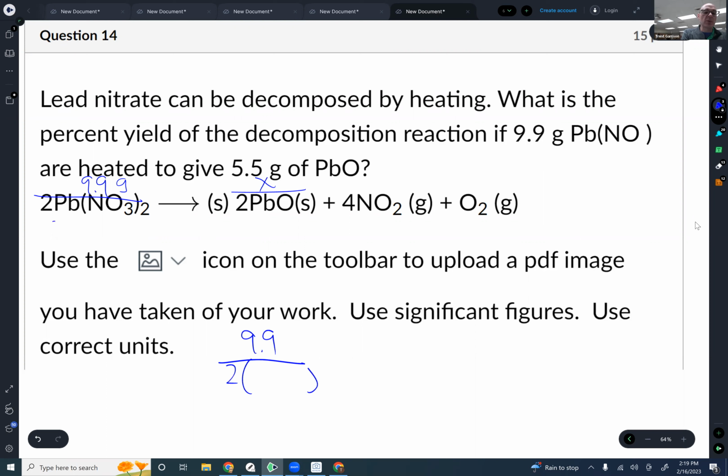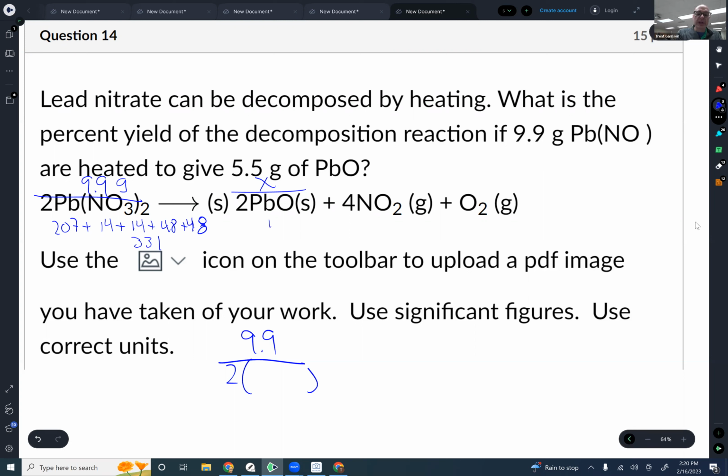Now I've got to go and add up my weights. 207 for lead, nitrogen 14, and the oxygens are each 16. But there are 3 of them, so that's a total of 48 for each one of those. I will have on here the weights of these elements so you won't have to look them up. 207 plus 28 plus 48 plus 48, and that gives you 331 is the weight here.